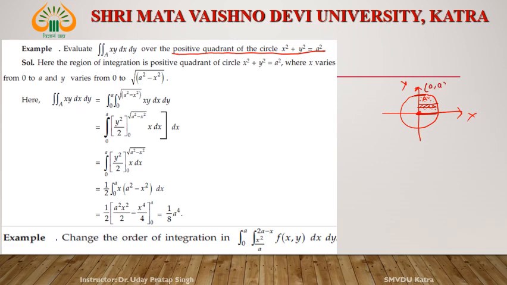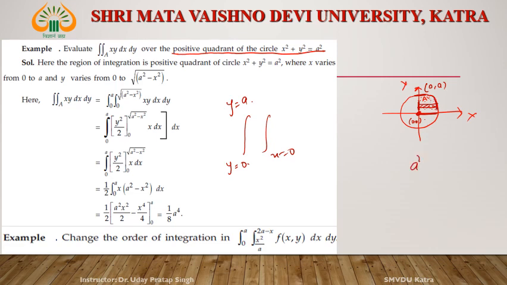This is 0a. And what is this point? Origin, that is 0 0. So double integral, lower limit y equal to 0 and upper limit y equal to a. And for the lower limit of x, what is this line? This line is the y-axis, that is x equal to 0. And the upper part always lies on this circle.